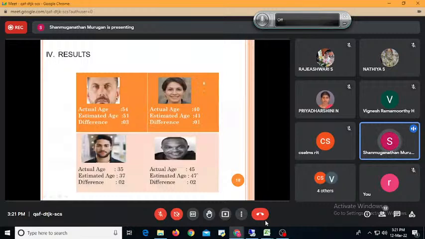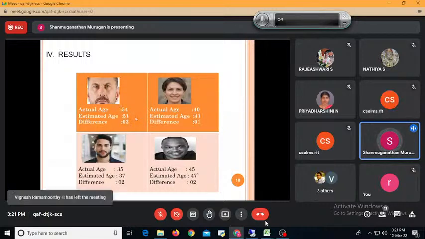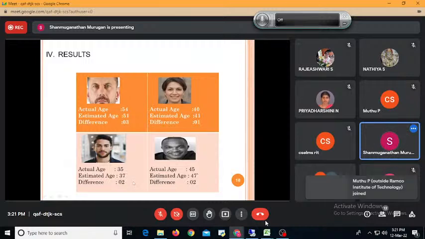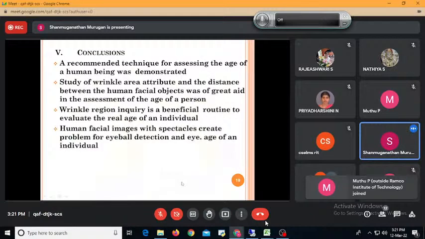And here also the same: actually it is 54, but the estimate differs by about 3, not a clear 100% accuracy. And this also 40, with some difference. So normally, with this formula, the actual age and the estimated age differ slightly, by 2 to 3, but here only 3. Here normally is good.